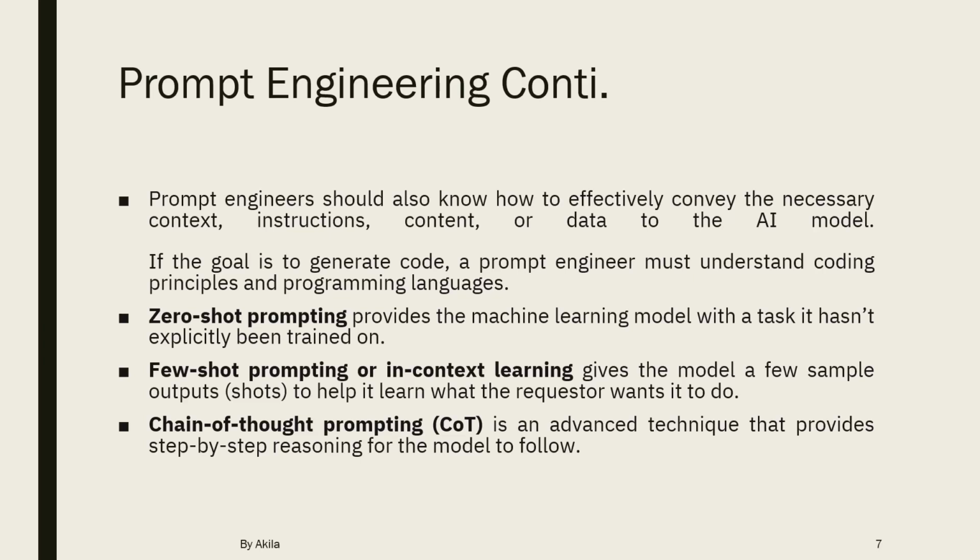Another principle is chain of thought prompting, that is COT. That is an advanced technique that provides step-by-step reasoning. Each and every time, why it happened and how it happened, without any explanation they cannot move further.